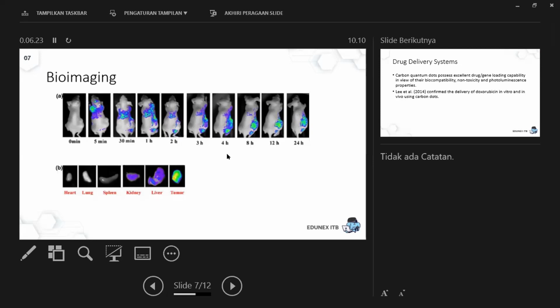In figure A, we can see the optical image of the carbon quantum dot in the tumor-bearing mouse over increasing time. And in image B, we can see the optical image of fluorescence intensities within the harvested organs 24 hours after injection.